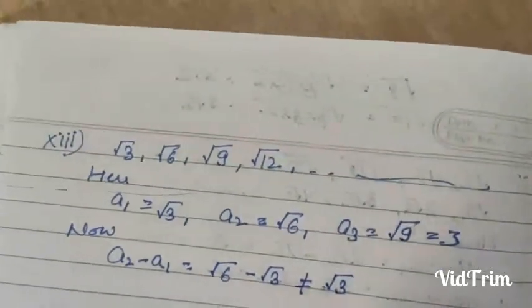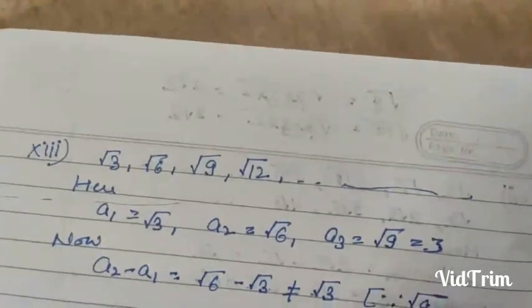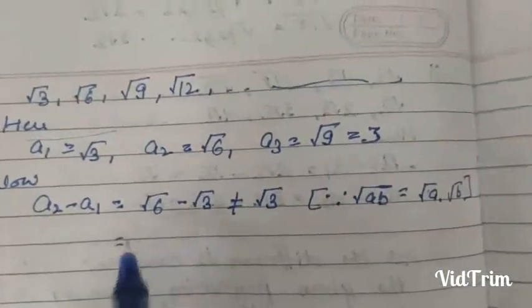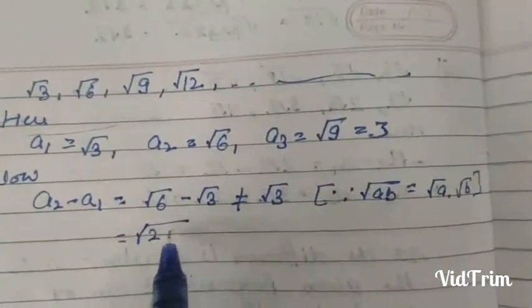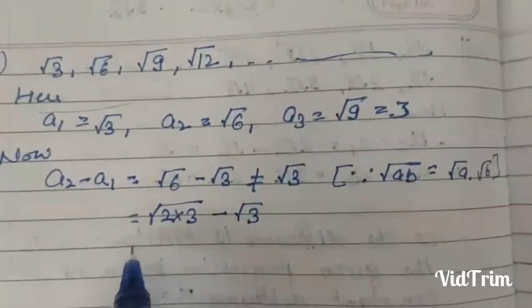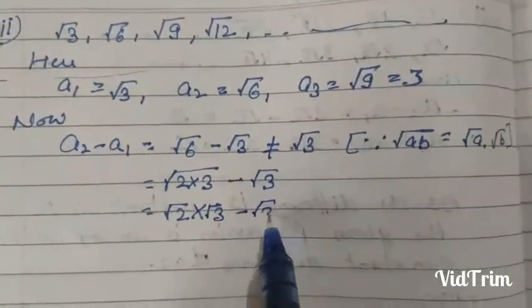Keep in your mind, by using root of ab equals root a into root b, root 6 can be written as root of 2 into 3, so root of 2 into 3 minus root of 3 can be written as root 2 into root 3 minus root 3.